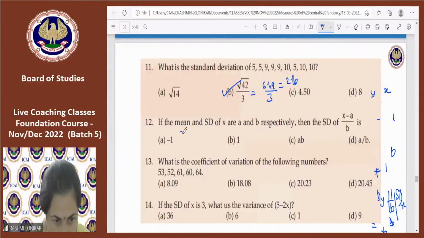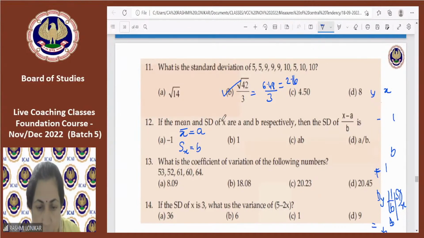It means x bar is equal to a, and the standard deviation of x, that is Sx, is equal to b. This is the information that is given to me. Respectively means the mean is a and the standard deviation is b. Then the standard deviation of (x minus a) upon b is.